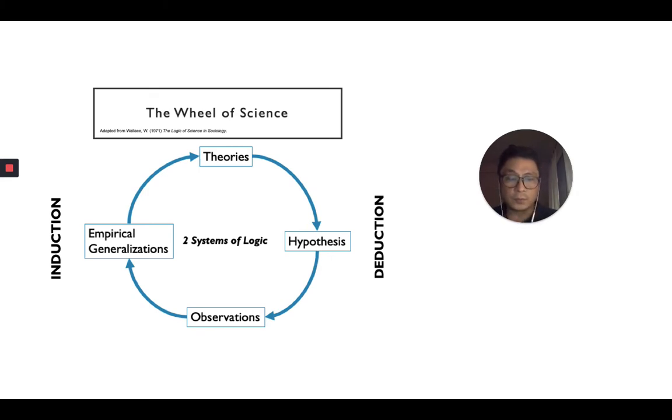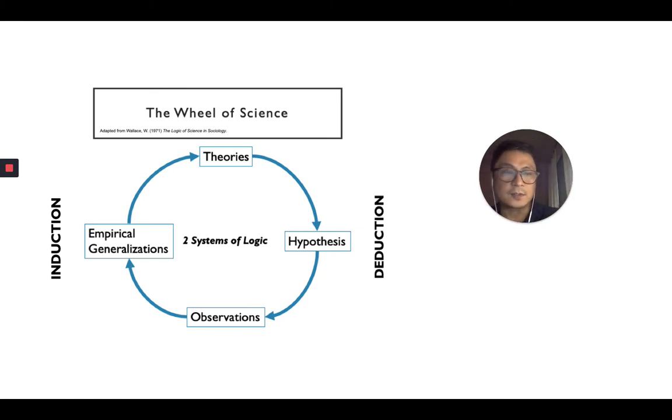Okay? And so the wheel of science implies that induction and deduction aren't really polar opposites, but they're really parts of the same cycle of continuing research. Okay, because once you proposed a theory through an inductive process, then others or perhaps yourself can now go on a deductive journey to test that theory.